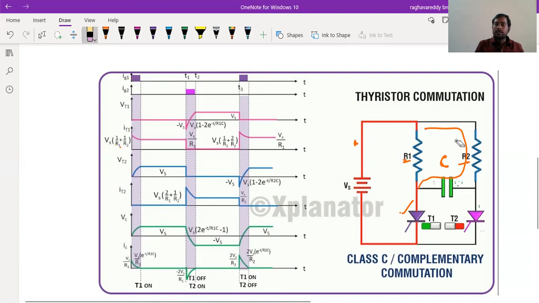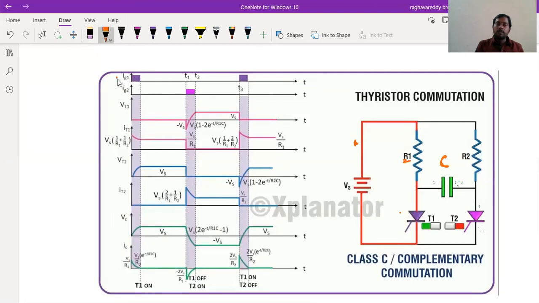Now this is Vt, the voltage across thyristor T2, and the current through thyristor T2, and this is the voltage across the capacitor, and this is the current through the capacitor. So let us discuss individually one by one, and we can understand easily.